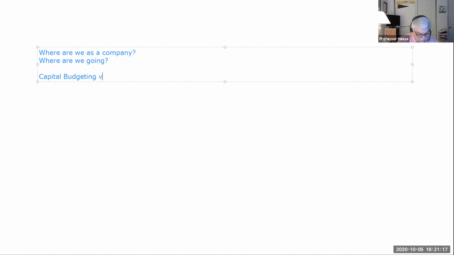Capital budgeting versus capital structure decisions. What does that mean? Well, those are the key main areas of financial management, business finance.